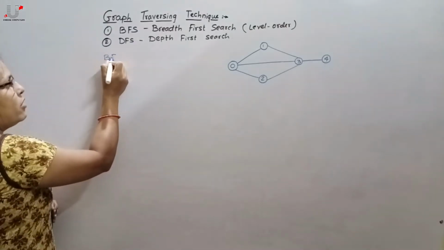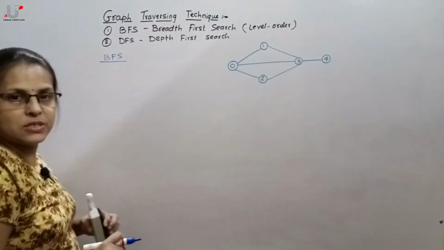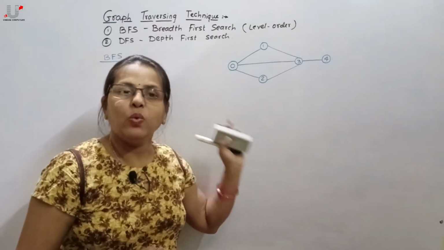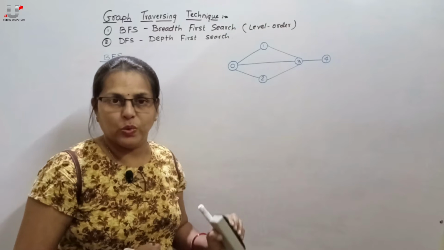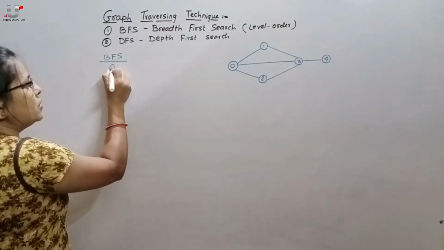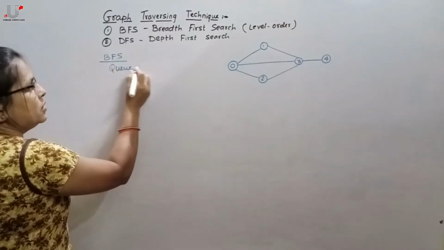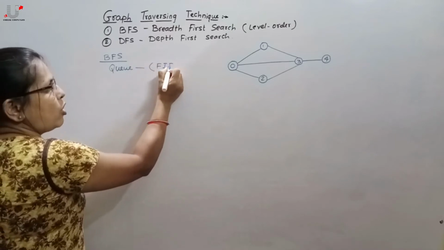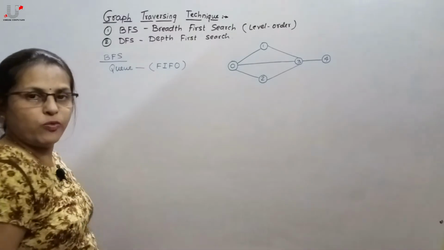As the name BFS means breadth first search, in this BFS a queue data structure is used. The queue data structure follows FIFO fashion. All the elements follow FIFO fashion.